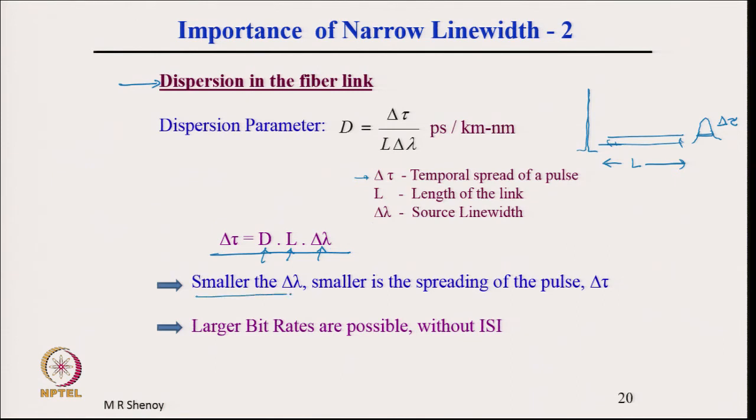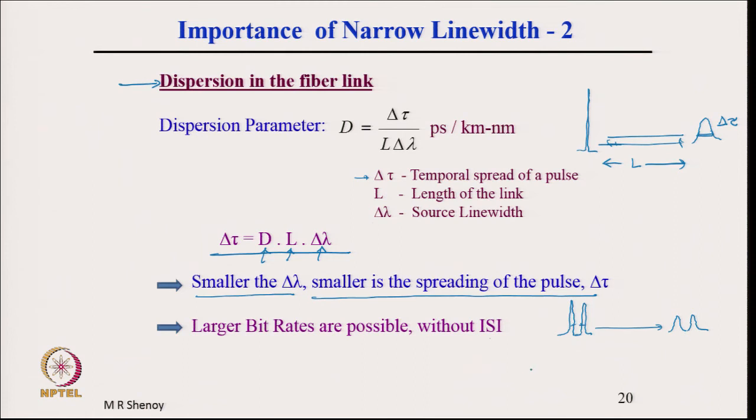Smaller the delta lambda, smaller is the spreading of the pulse, and therefore, if the pulse spreads less, then larger bit rates are possible without inter-symbol interference. So, what it means is, let me show only two pulses which are very closely separated. After traveling it would become this, but they are still well separated, then the separation between them can be quite small.